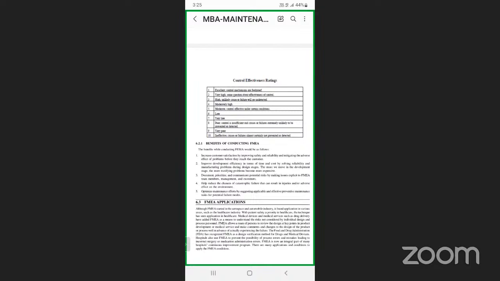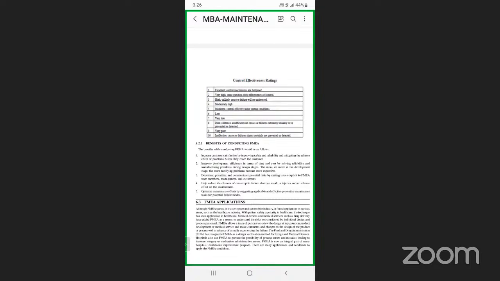So we have known failure modes of a particular asset, of a particular component, based on historical information. In knowledge management, we store everything that has happened in the past, right? So based on the historical information, we can take corrective action soon.